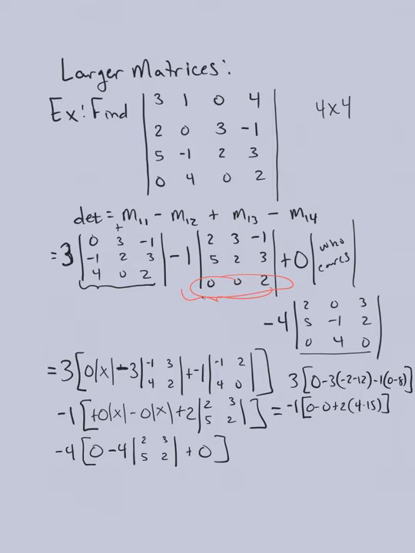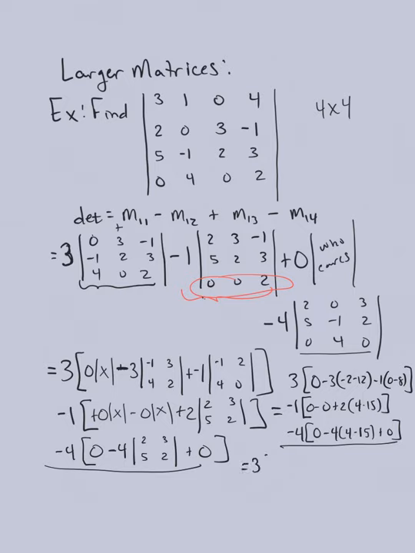That. And then I have minus 4 times 0 minus 4 times 4 minus 15 plus 0. Okay, so we're almost getting there. So we started here, we just got to here, we just got to finish our calculation.